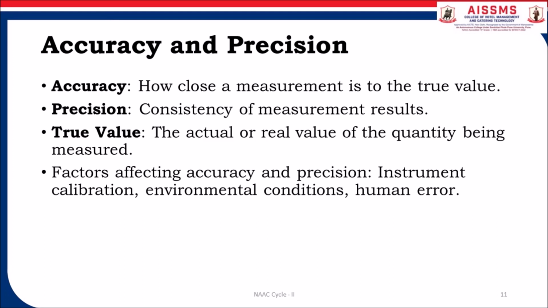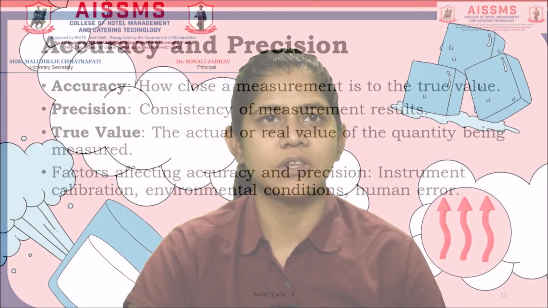It represents the precise value that would be obtained if measurements could be made with perfect accuracy and under ideal conditions. Factors such as instrument calibration, environmental conditions, and human error can affect the accuracy and precision of temperature measurements, highlighting the importance of meticulous calibration and standardization.